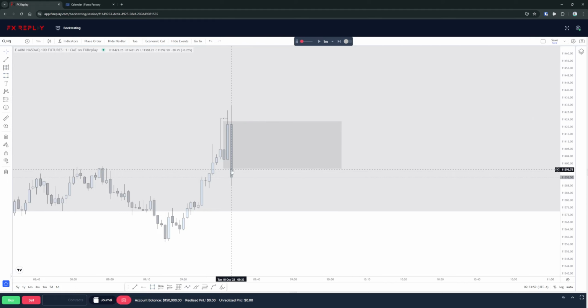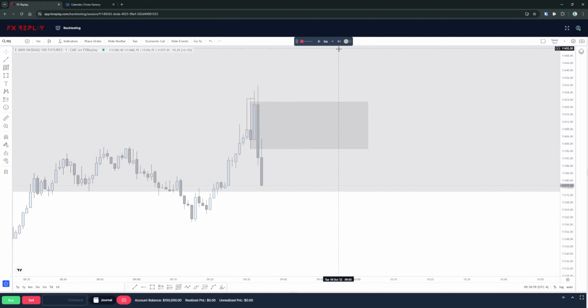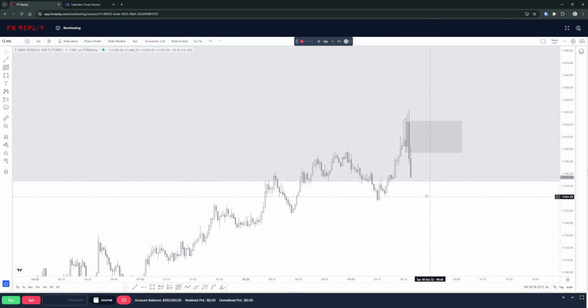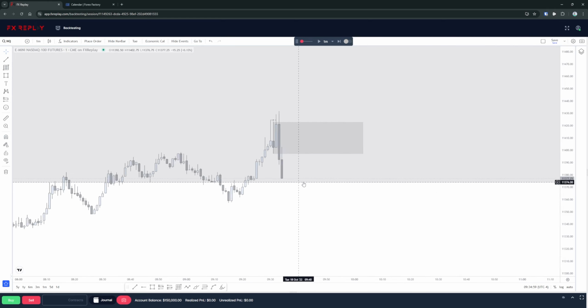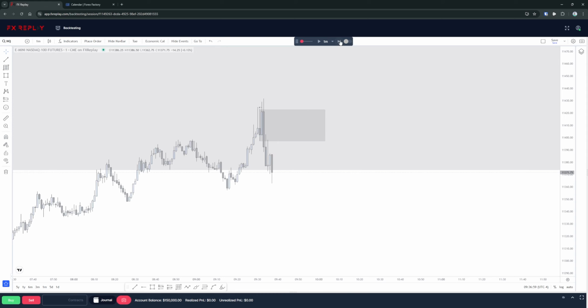I need a next candle closure to confirm if this is going to be a bearish breaker. Over here, we don't have an FVG aligned to this breaker block, so there's nothing here for me to take. If you did take it, you'd get tapped in there. We can actually forward test this.